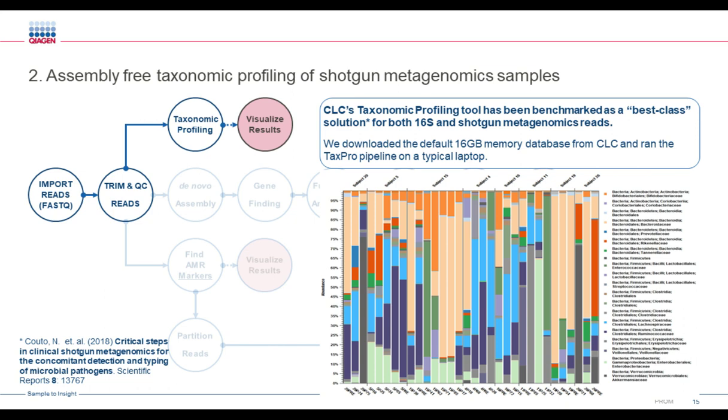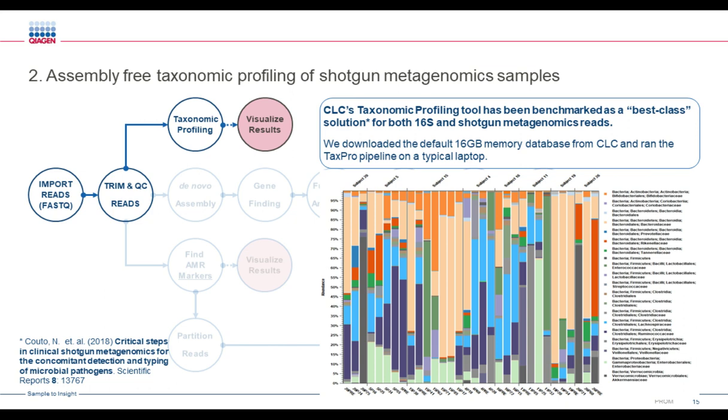The taxonomic profiling tool that we provide has been previously benchmarked as a best-in-class solution for both 16S and shotgun metagenomics reads. For the purposes of this analysis, we did not optimize the underlying database.